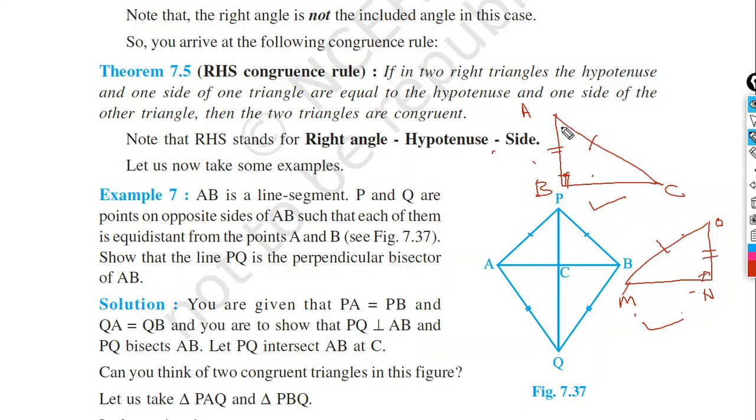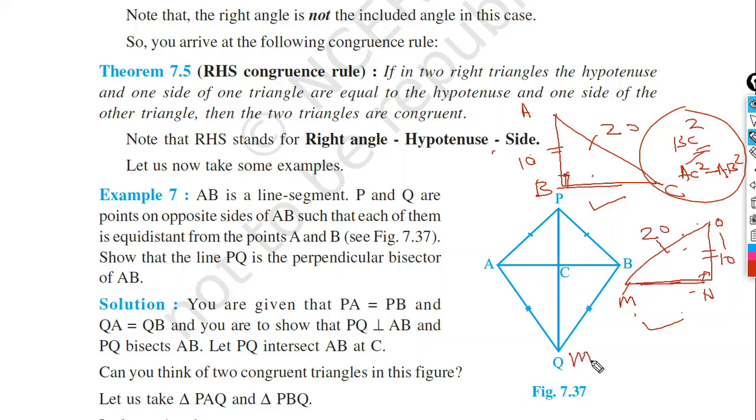How? Suppose this side AB is 10 and the hypotenuse AC is 20. Now you can find BC: BC square equals AC square minus AB square, by Pythagoras theorem. Similarly, if ON is 10 and OM is 20, we can find MN: MN square equals OM square minus ON square.